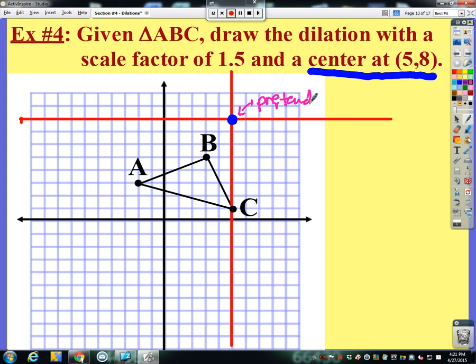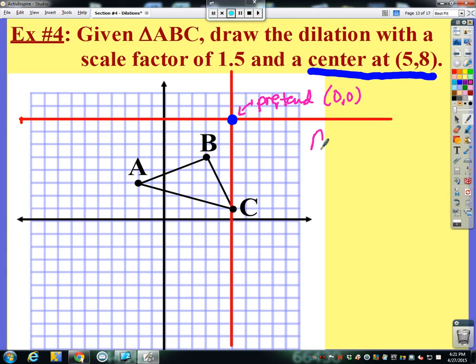So pretend that this is really (0, 0). Now, technically, our rules will apply to multiply by our scale factor. But we have to pretend that this is (0, 0), so we need to figure out what the coordinates for A, B, and C are when we pretend that this is really (0, 0).